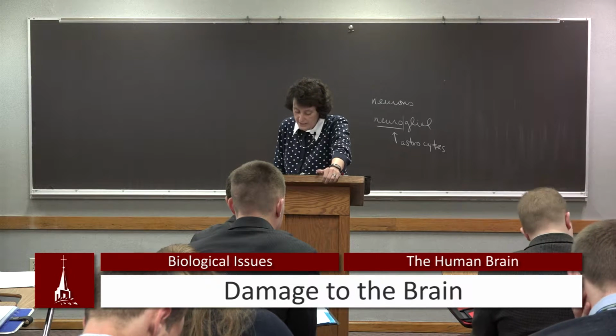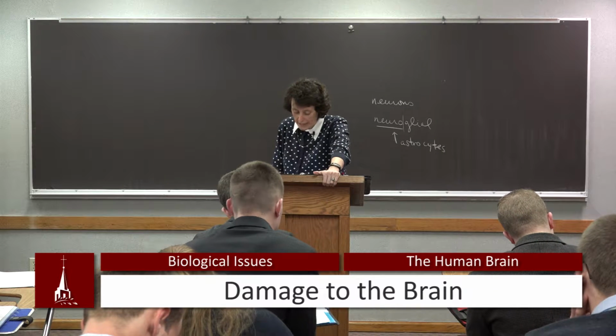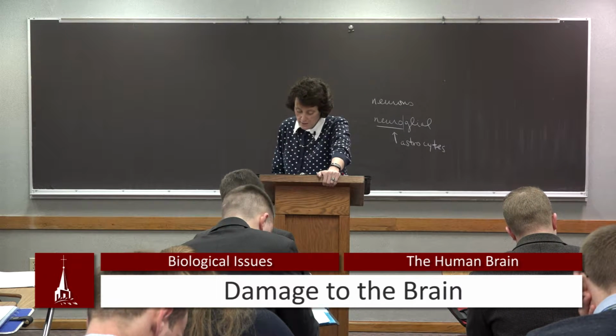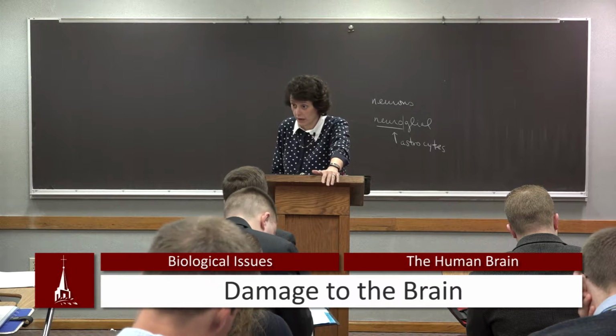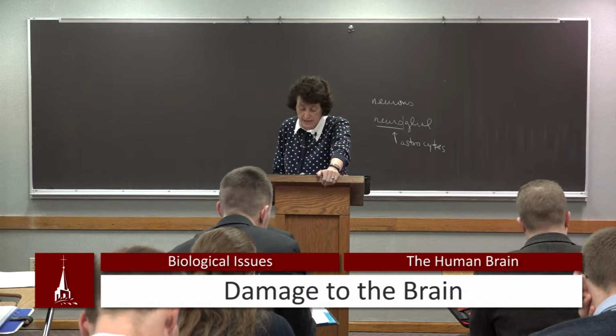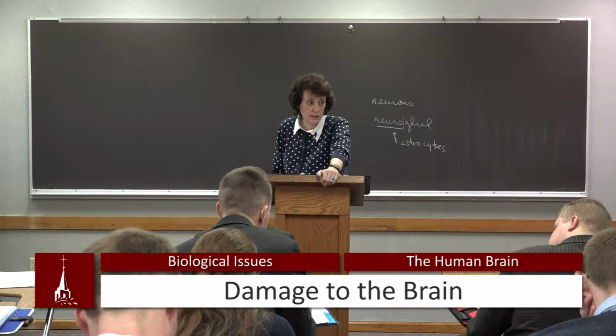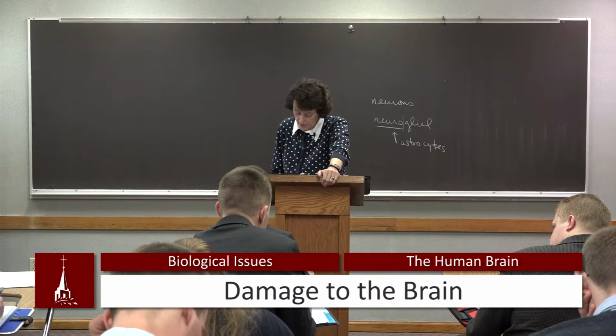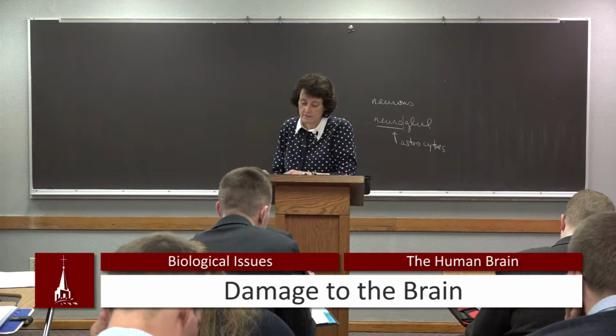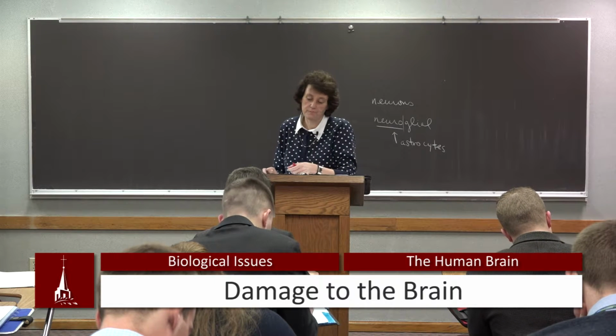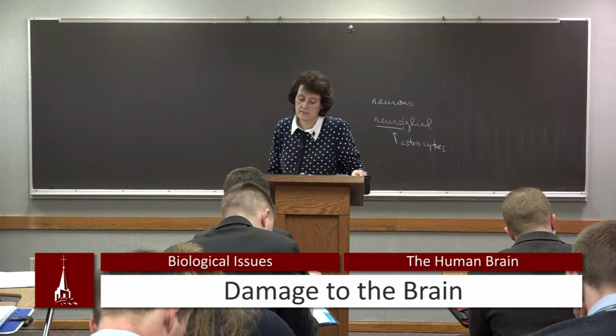Another cause of brain damage is trauma. So the brain can be damaged by not developing correctly in the first place. It can be damaged by trauma, blow to the head, and so forth. It can also be damaged by infection, particularly meningitis.